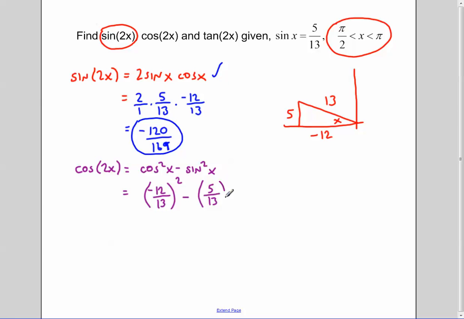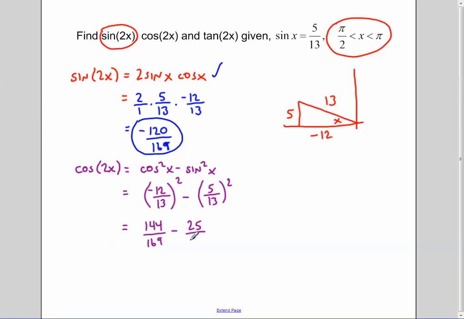Now, one thing that I like about these is a lot of times people get intimidated by the fractions. The good news is on these problems, your denominators are always going to match up, so the fractions aren't that hard to work with. Remember, when you square a fraction, you have to square the top and the bottom, so I get 144 over 169 minus 25 over 169.